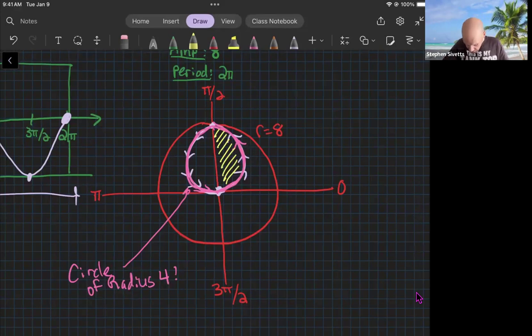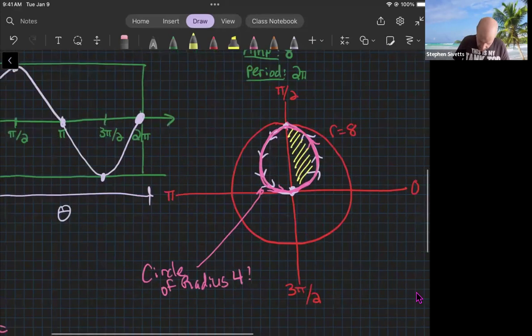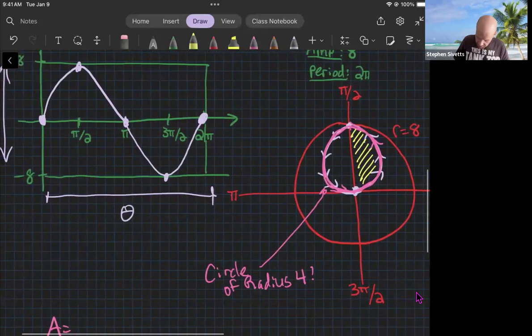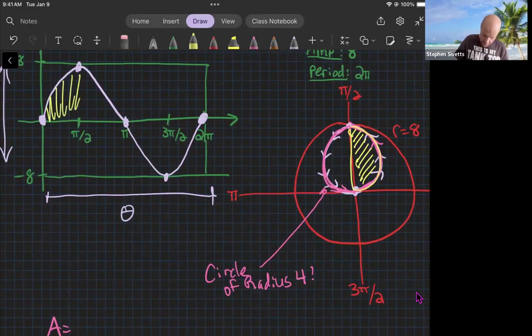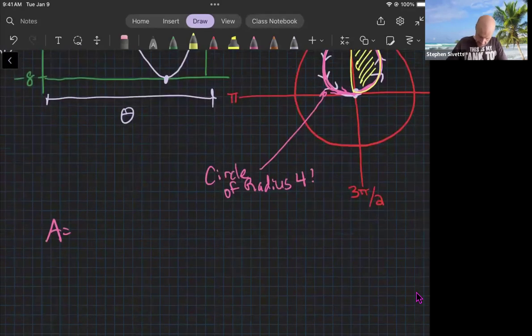So this right hemisphere corresponds to this piece right here of our sine graph. Or I should say, let me erase this part. That's the other half. So really it corresponds to this half, so our limits of integration would be from 0 to pi over 2.